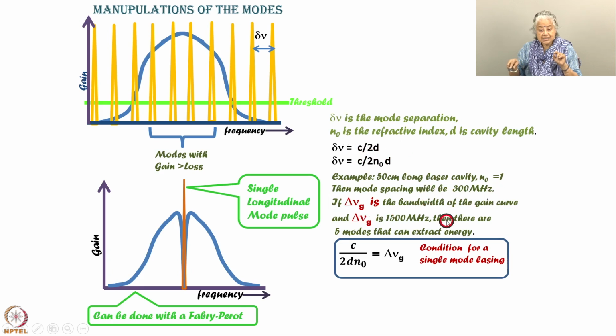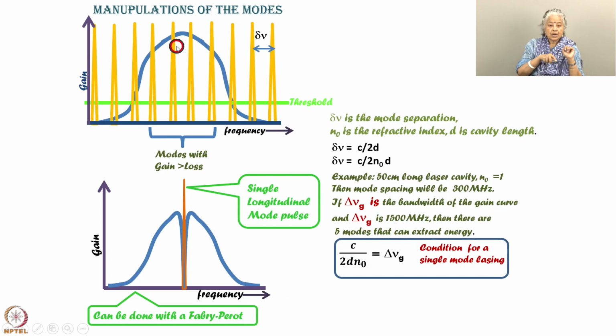Suppose delta nu g is the bandwidth of the gain curve, the total bandwidth. I have called it g because it is the gain bandwidth. Suppose that is 1500 megahertz. Then how many modes can lase? 1500 divided by 300. Then there are about 5 modes that can extract energy from this gain medium. So, all these 5 modes can do it.